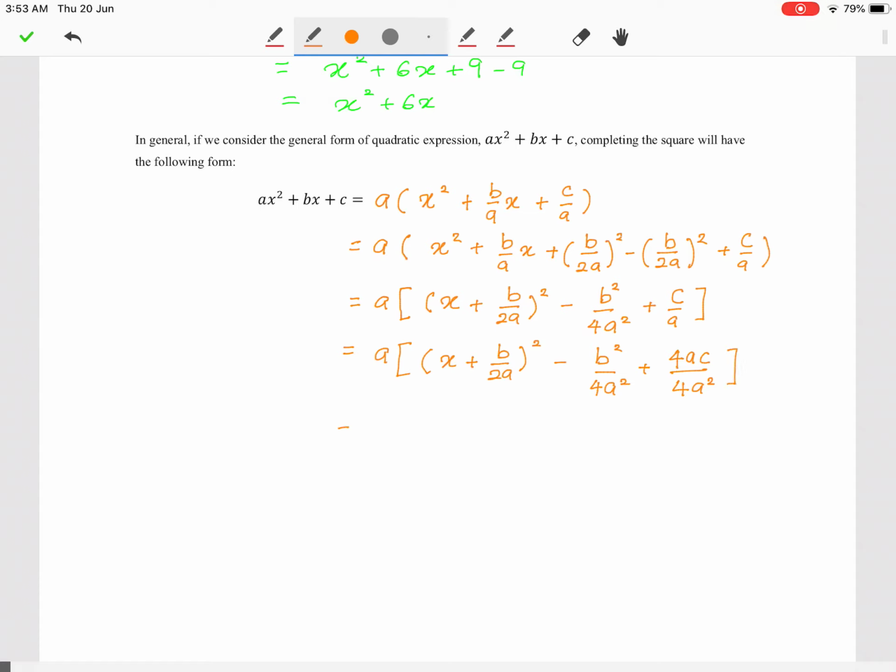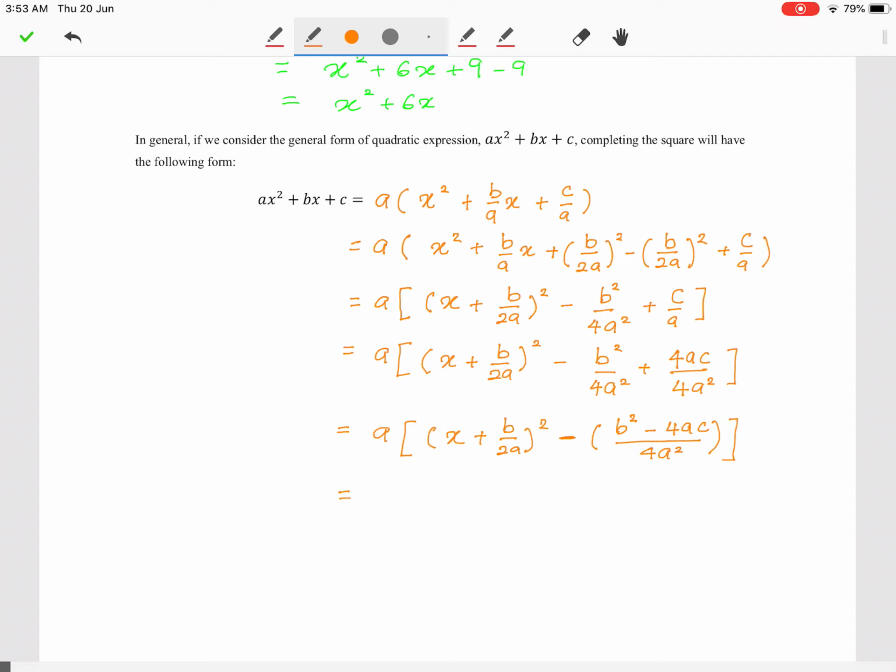If you combine this, or technically if you factor the negative out of the last two terms, I will have b square minus 4ac over 4a square, like that.